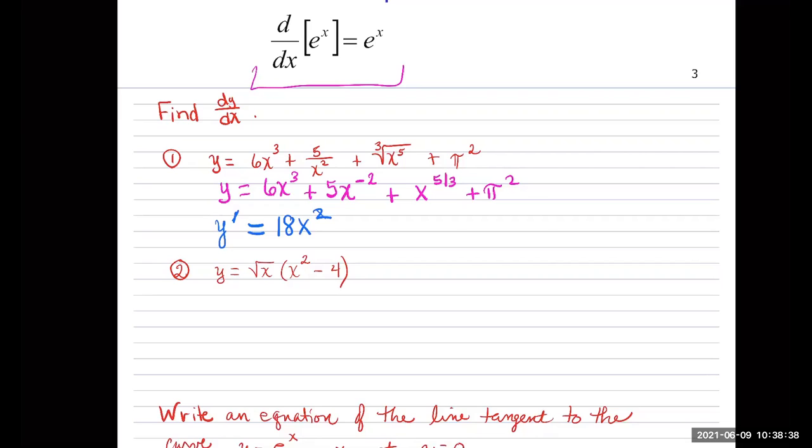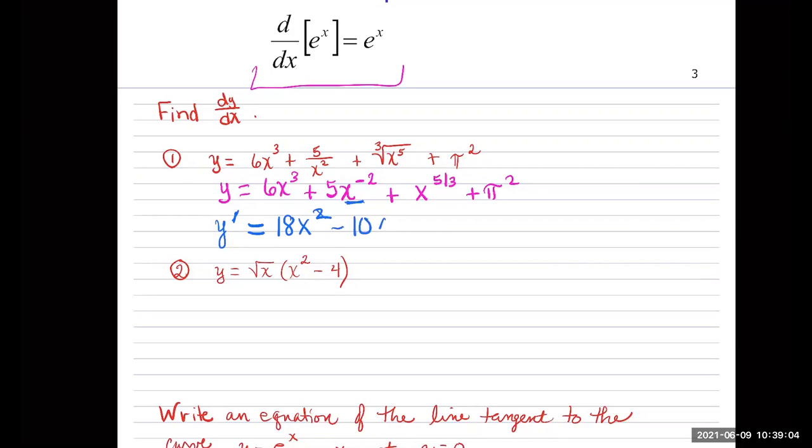But then we're going to keep going. So you tell me the next one. When we take the derivative of the next term, what do we get? We have 5x to the minus 2. What's the derivative of that? Okay, I'm seeing a minus 10. That looks great.